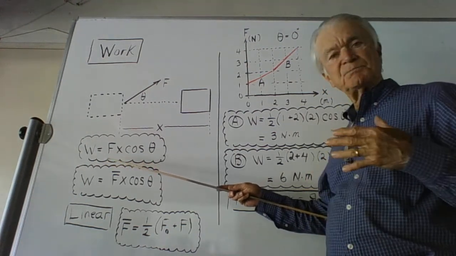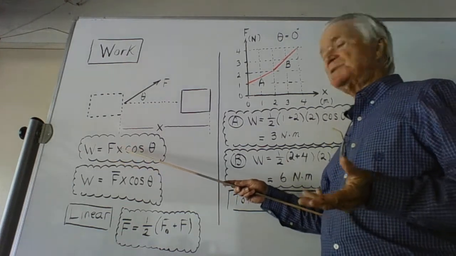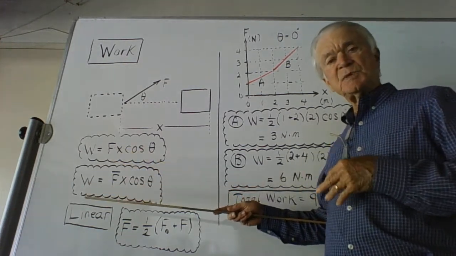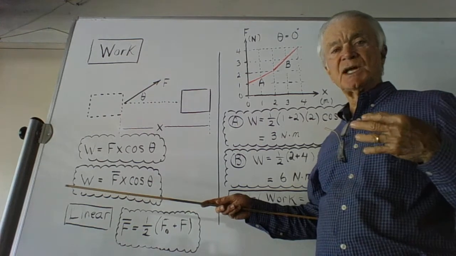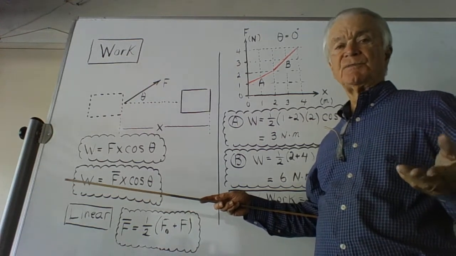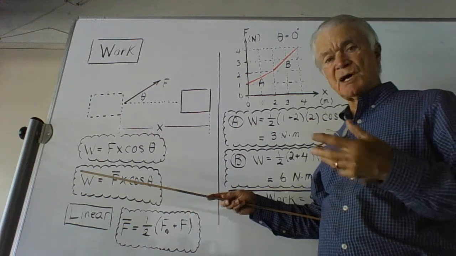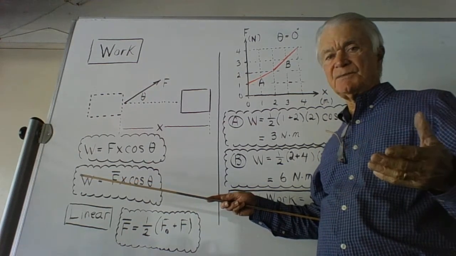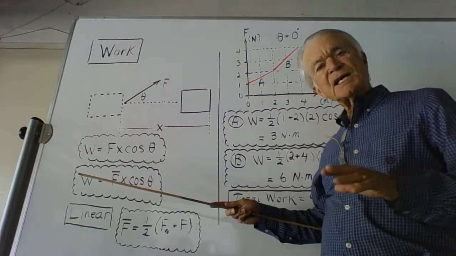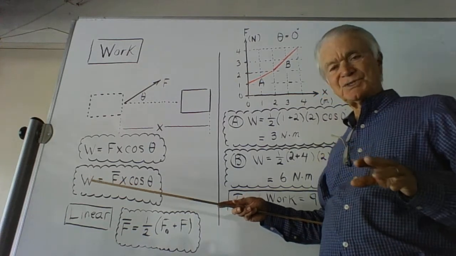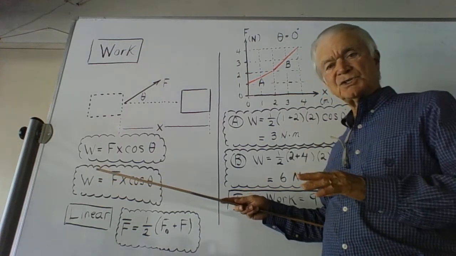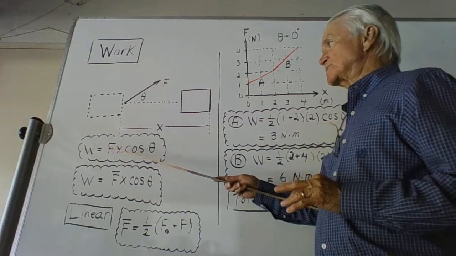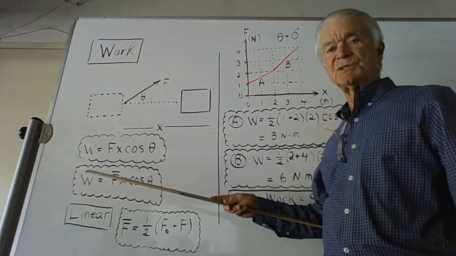In past problems dealing with displacements, sometimes x could be positive, other times negative, and forces pointing to the right were taken to be positive and to the left negative. There are no negative F's or x's in our discussions of work calculated using this equation. F and x are always positive numbers.